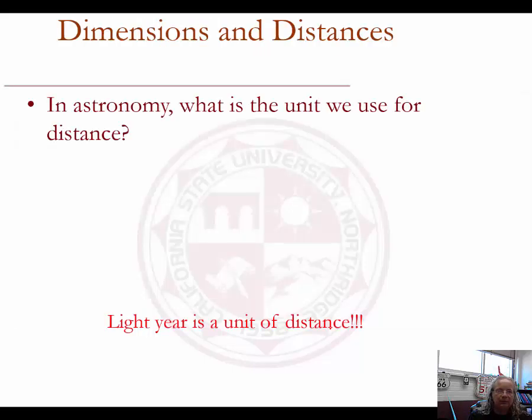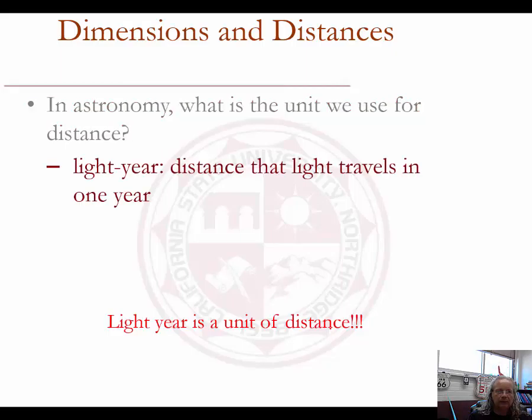The distances in the known universe are mind-boggling. They're staggering, and they're so great that we can't use things like miles or kilometers very well to describe the distances because the numbers would just be too absurdly large.